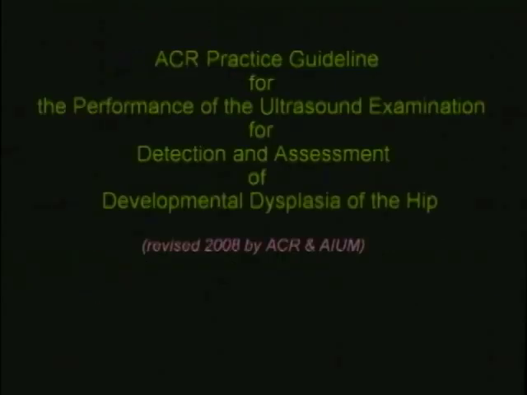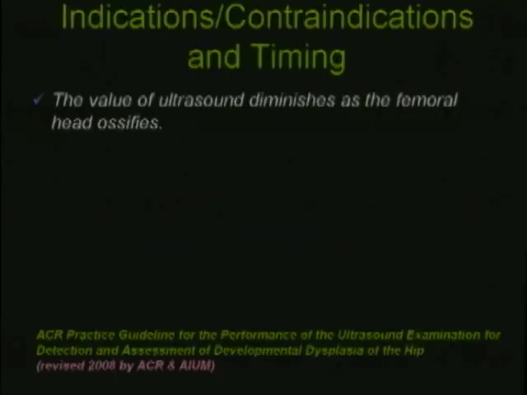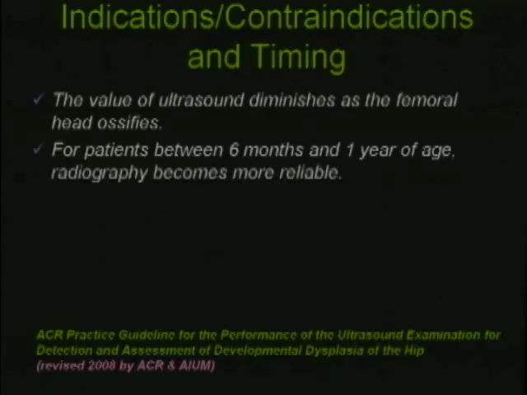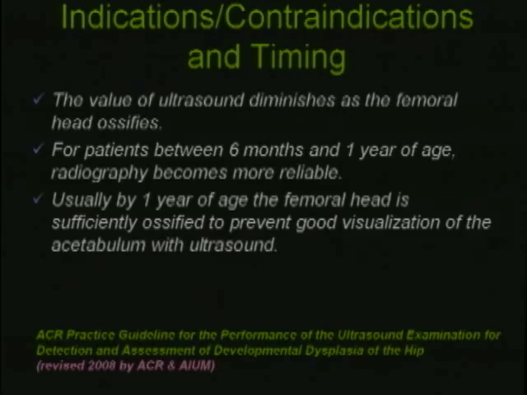I want to take a minute to talk about a little project that we did at Sinai during the past year that we presented at AIUM recently, where we talked about the guidelines that have been established by AIUM and ACR, in that they describe the value of ultrasound diminishes as the femoral head ossifies, and that for patients between 6 months and 1 year of age, radiography becomes more reliable.